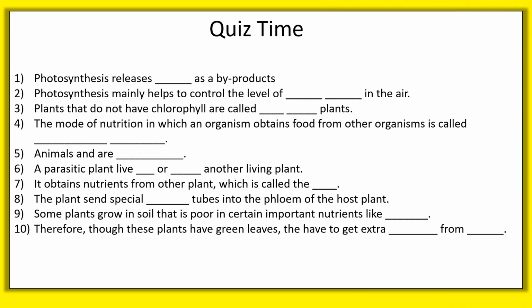Now, after learning all the four concepts, at the end we have quiz time for this video, and let's start with it. You will get 5 seconds to answer each question. For the fourth question, you get 10 seconds. First, photosynthesis releases dash as a byproduct.